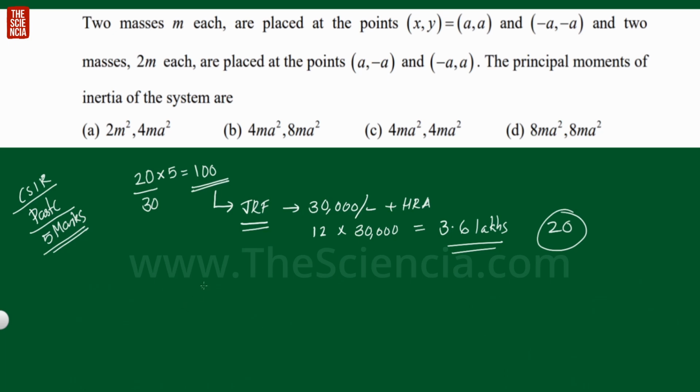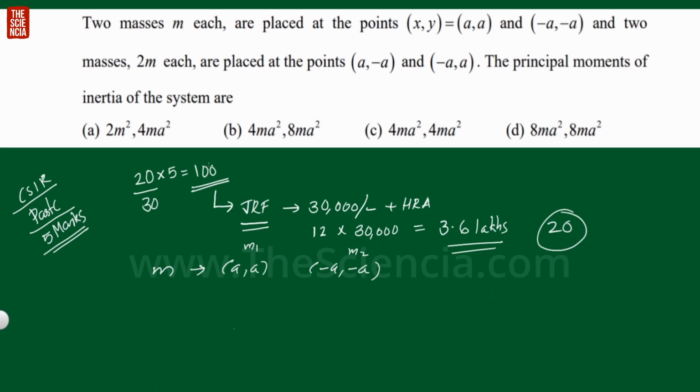What is the problem? There are two masses placed at points (x, y) equal to (a, a) and (-a, -a). Each has mass m, so this is the position of m1 and m2.